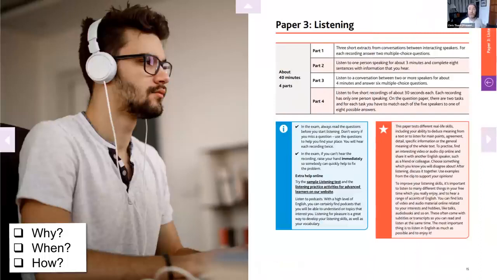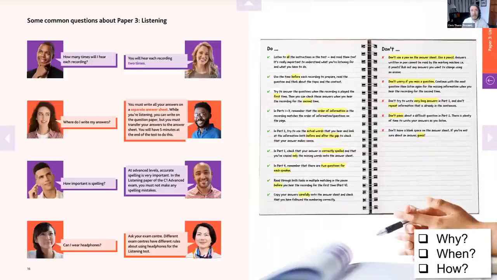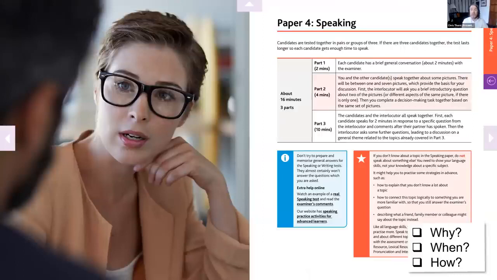This is the C1 Advanced Booklets section on paper 3, listening. Exactly the same stuff. Different details, obviously, but it's got the same structure. And the same over leaf. And then when we go to the paper 4 for speaking, this one is from the C2 Proficiency booklet.